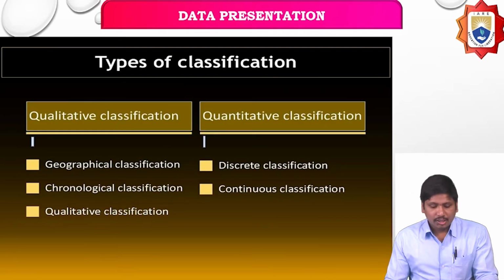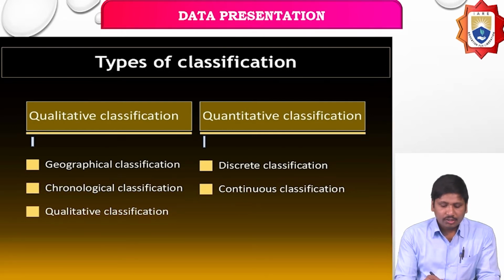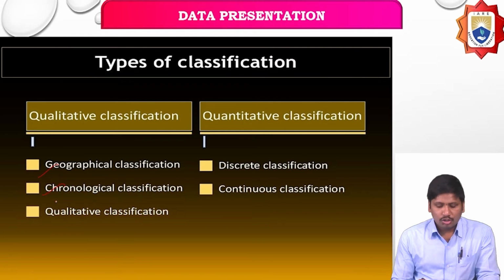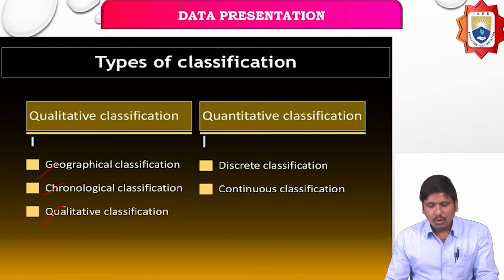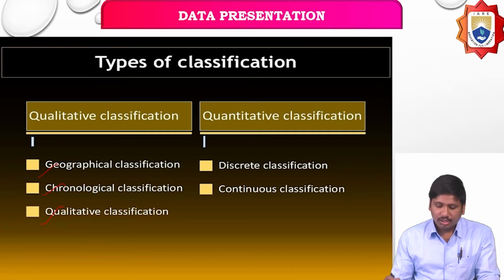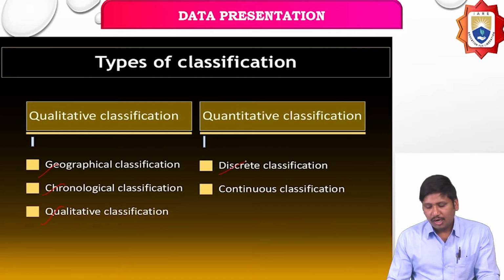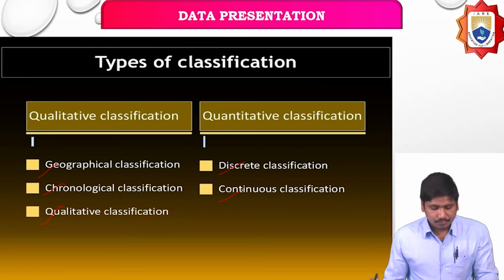Types of classification here: qualitative classification and quantitative classification. Qualitative classification is again geographical classification, chronological classification, and qualitative classification. Quantitative classification can be defined as discrete classification or continuous classification.